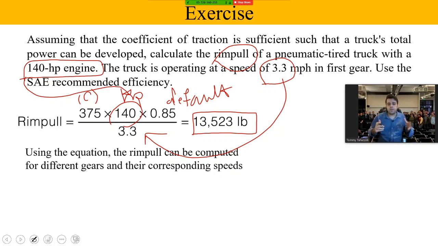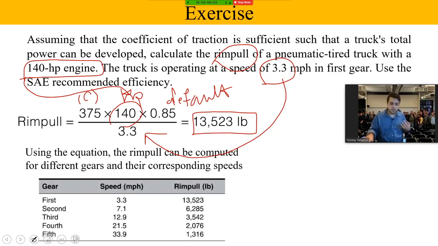So if the manufacturer tells you what speed the machine can generate in each gear, okay? Just forget about the rim pull and all of these things. Just consider the manufacturer has told you with gear 1, the machine can get a speed of 3.3, with gear 2, like 5.7, and so on and so forth.